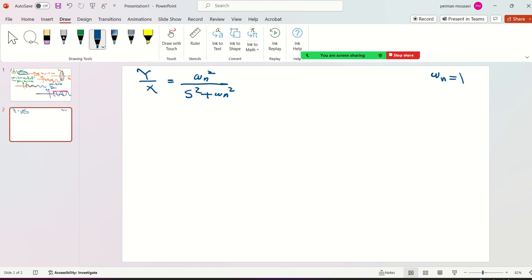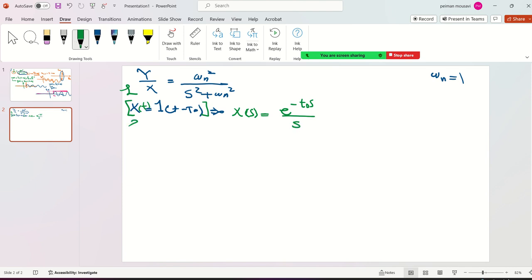So when x is a delayed unit step, if you apply Laplace to both sides, x of s, based on the rules I gave you in notes, is going to be e to the minus t naught s divided by s, because the Laplace of a unit step is 1 over s, and with the delay it gets minus t naught.